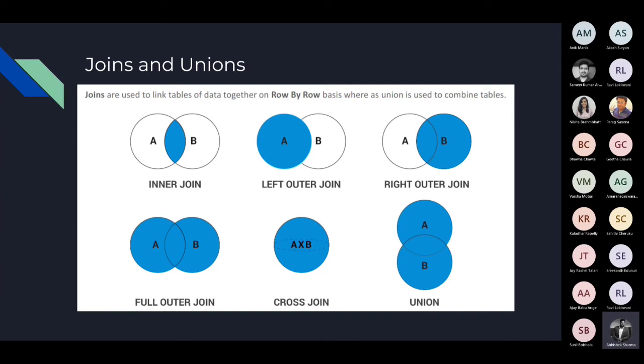And then I have a cross join, which is nothing but a cross product of all the rows from the first and the second table. And then I have the union, which is nothing but appending of the data from the first table to the second table. Again, just an overview here, something that we are going to see practically through an Excel now.